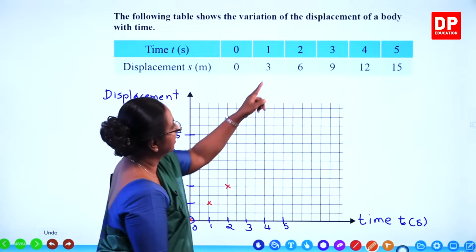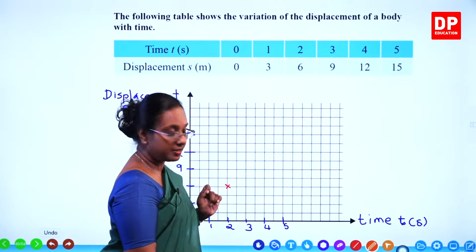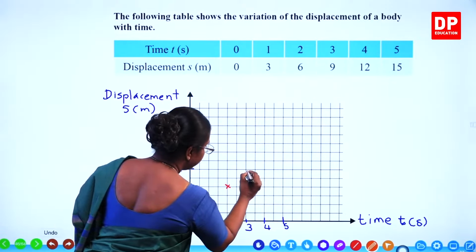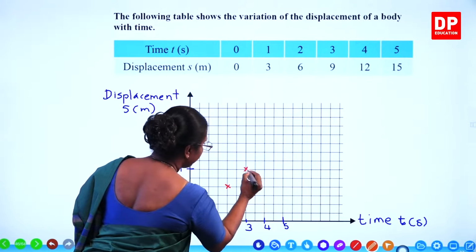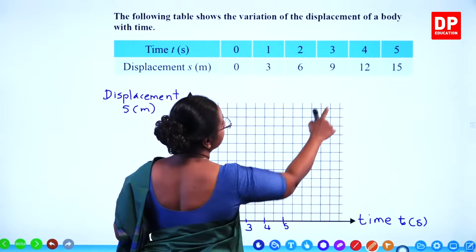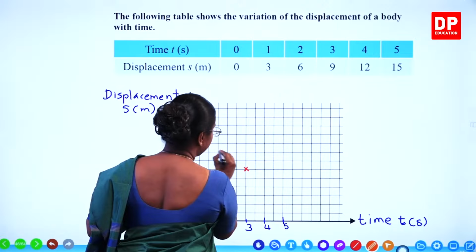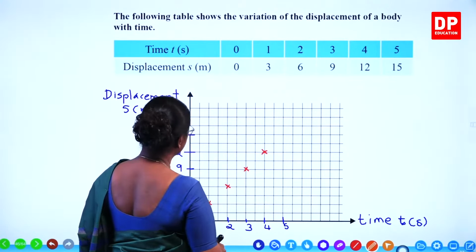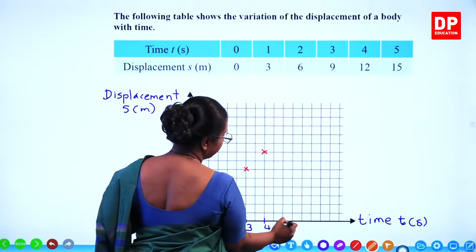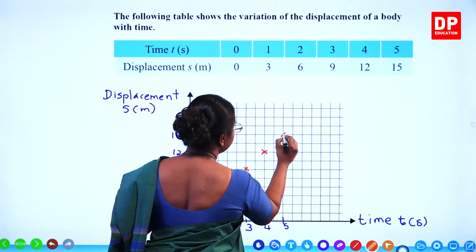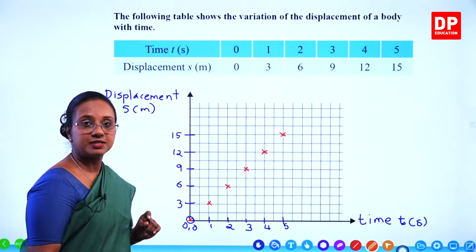The third second displacement is 9 meters. So here you can see 3 seconds, 9 meters. So the coordinate will be here. Then during the fourth second, the displacement has come to 12. So it will be here. And the last second, that is end of 5 seconds, displacement will be 15 meters.